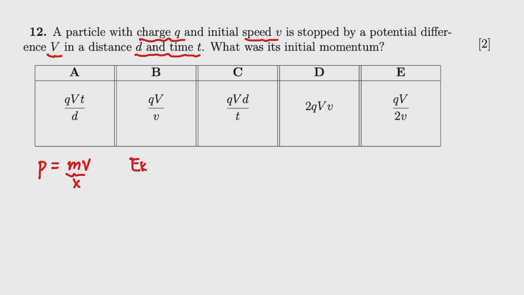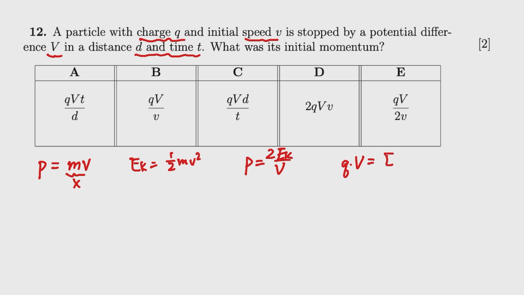Let's write down kinetic energy first. So Ek equals half mv squared. If we try to express momentum in terms of kinetic energy, we will have P equals 2Ek over v. So as long as we know the initial kinetic energy, we don't have to deal with the mass of the charge. Initial kinetic energy can be calculated by conservation of energy.